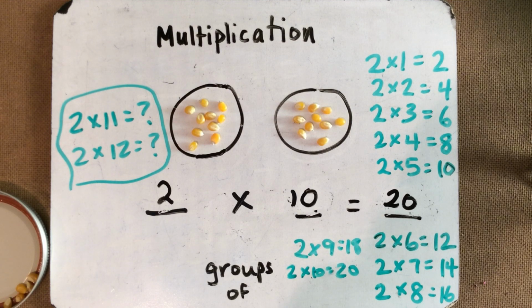Twice as much. 2 times 9 is... 2 times 10 makes... 2 times 11 is... 2 times 12 makes for you. Twice as much.